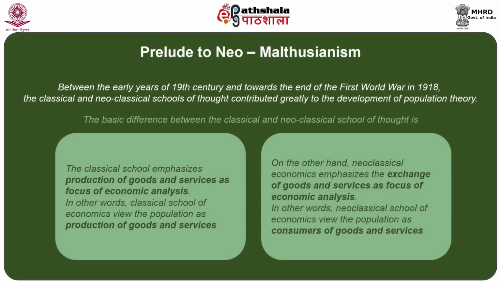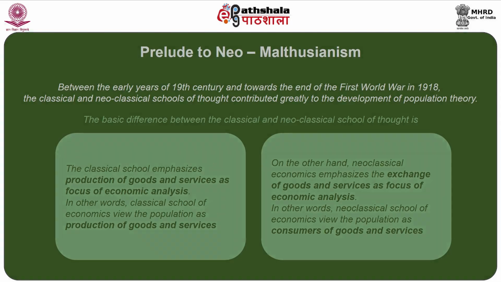On the other hand, the neo-classical school of economics gave emphasis to the exchange of goods and services, which was the focus of the economic analysis. We can put it in other words: the neo-classical school of economics considered the population as consumers of goods and services.